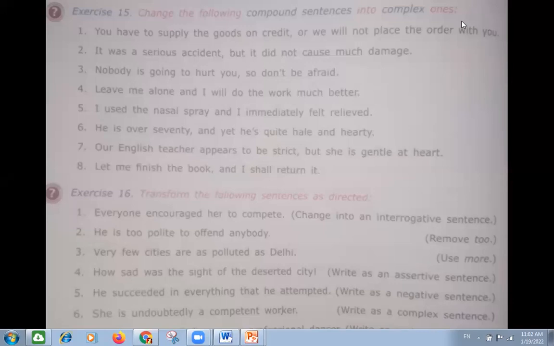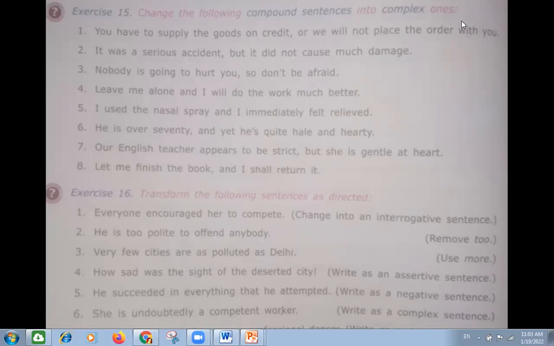He is too polite to offend anybody. Who will answer this question? Raise your hand. All right, let's go to Sanchi. He is so polite to offend anybody. No, no, no. Next, you need to make a complete sentence.